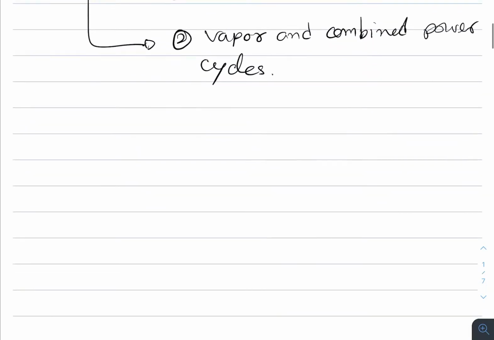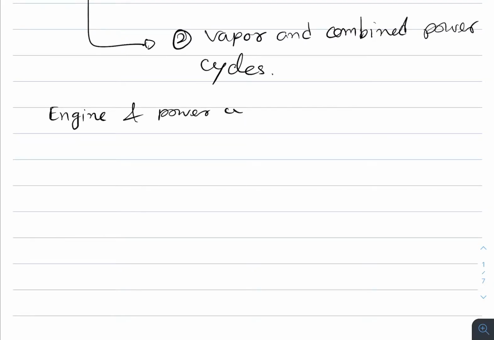So for example, the definition of engine and power cycle.